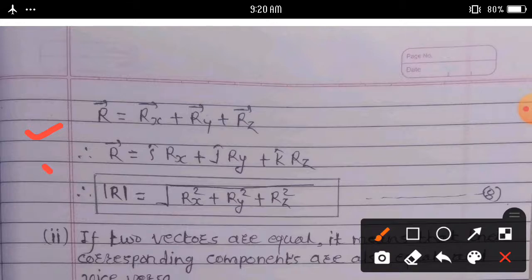We can write another way: R bar is equal to i cap Rx plus j cap Ry plus k cap Rz, and taking the magnitude, mod of R is equal to square root of Rx square plus Ry square plus Rz square. Consider equation number 8. Equation number 8 gives the magnitude of R bar.